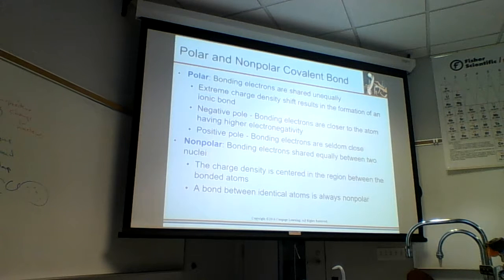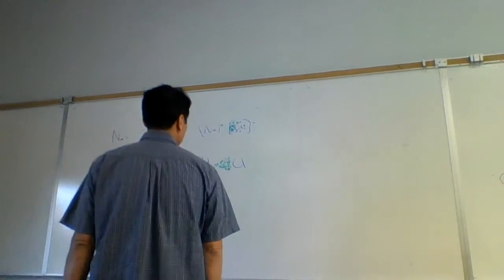And so the cloud looks like this. Here the cloud is entirely on chlorine. Here the cloud is, is that symmetric or asymmetric? This is asymmetric, showing what we call polarized.